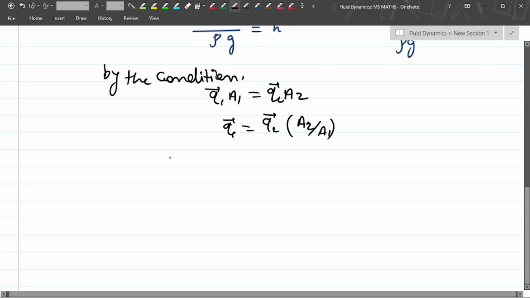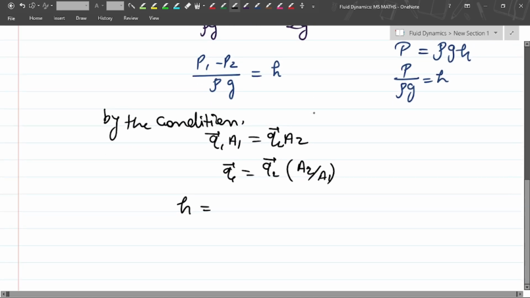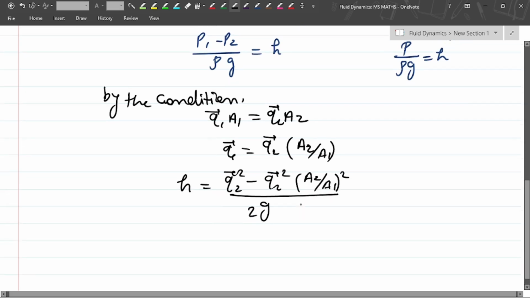So we put this: h is equal to q2 square minus q2 square into a2 upon a1 square, upon 2 into g.